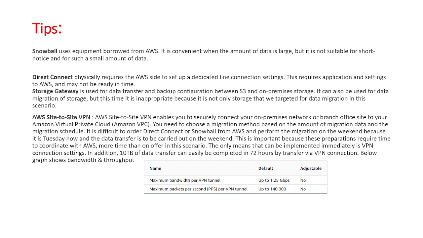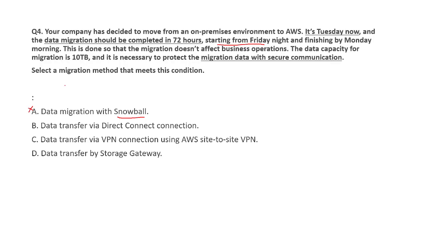You can see Direct Connect physically requires AWS site setup, a dedicated line and connection settings. This requires an application and setup with AWS, and it may not be ready on time. So definitely we are not going to spend more time because they have already given you the 72 hours.